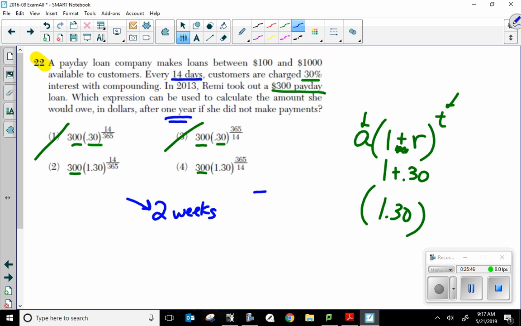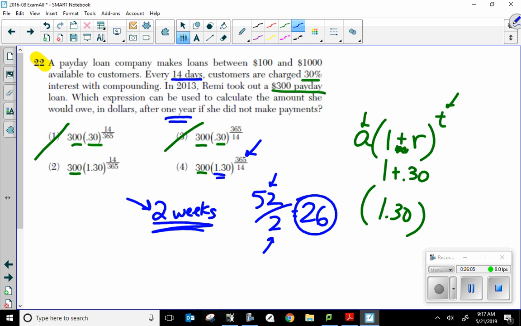Well, there are 52 weeks in a year, and if I divide that by 2, that means this needs to get applied 26 times. So this interest rate has to be applied 26 times.